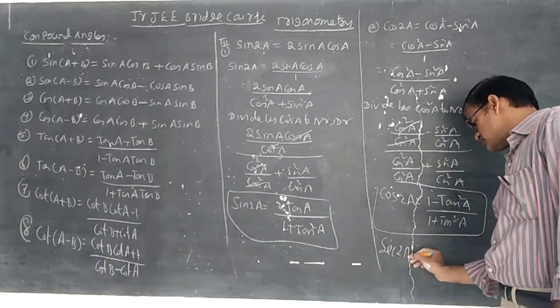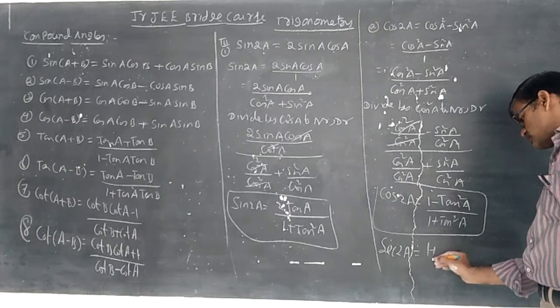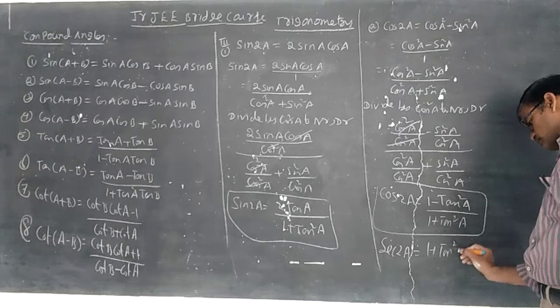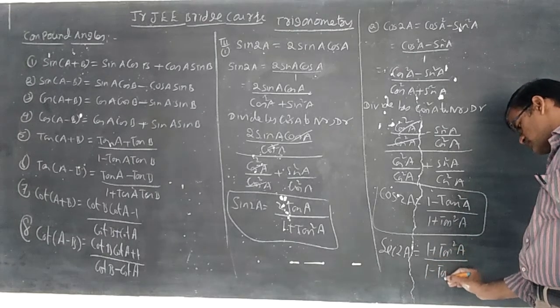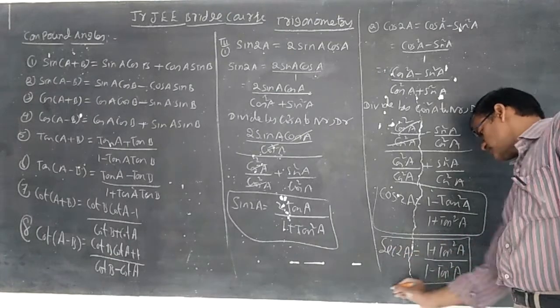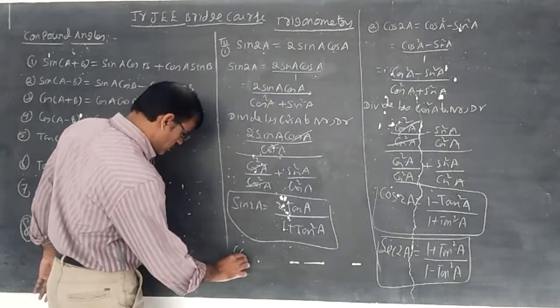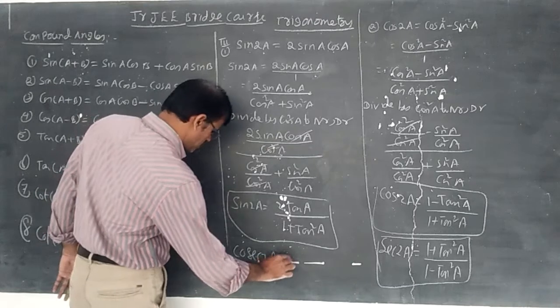Secant 2A is equal to the reciprocal of cos, so you can say 1 plus tan square A by 1 minus tan square A. This is the formula of secant 2A. And using this one, you can write 1 by sin 2A as cosecant 2A.